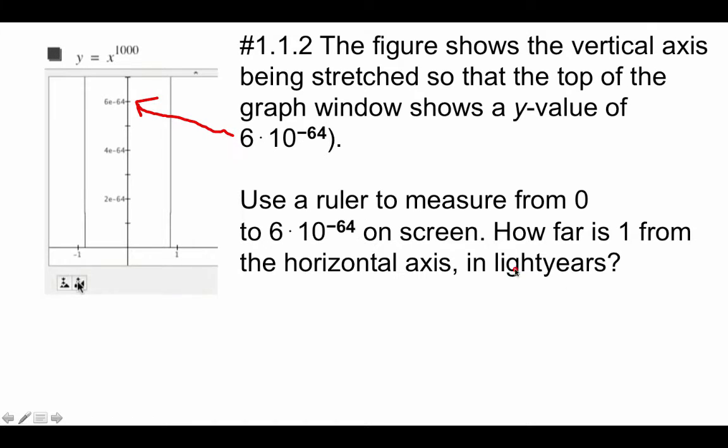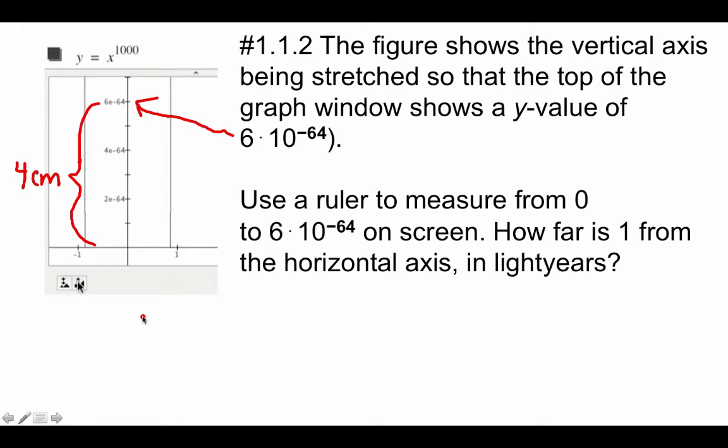Right there. It says use a ruler to measure from 0 to 6e to the negative 64 on your screen. Maybe that's about 4 centimeters on my screen.